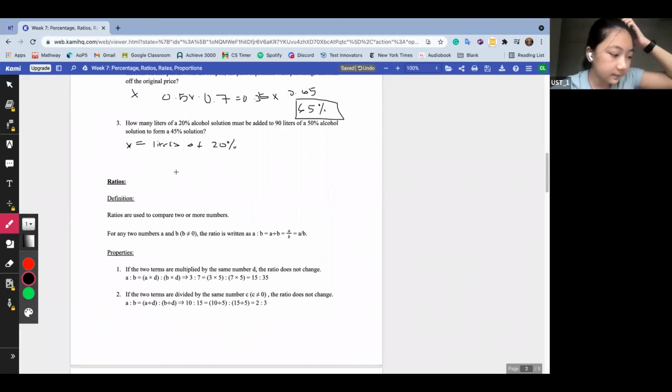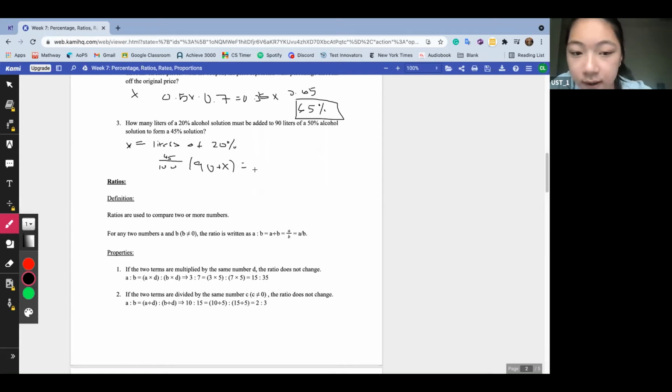So that means we can first find the total of the amount of solution combined. So that would be 90 plus X, because 90 is the amount of 50% solution, and then plus X, the amount of the 20%. So this is the percent of it. So you multiply it by 90 plus X.